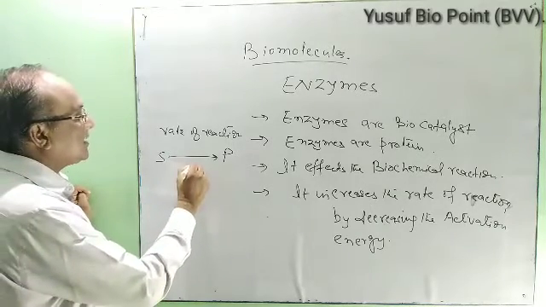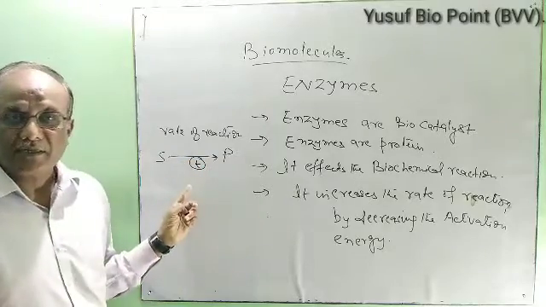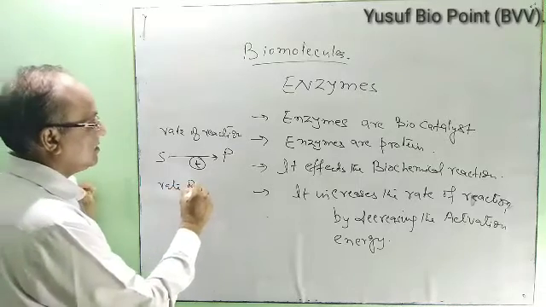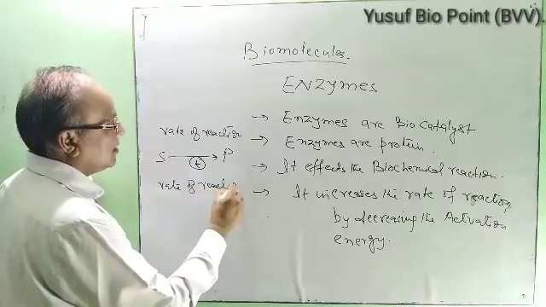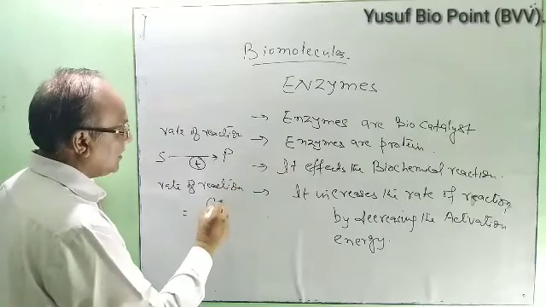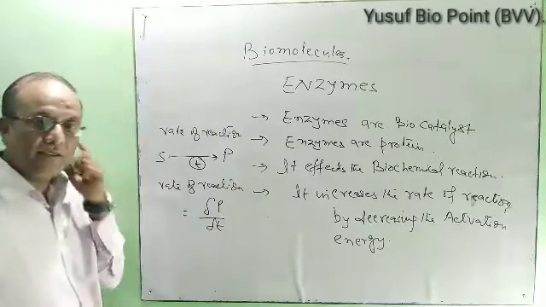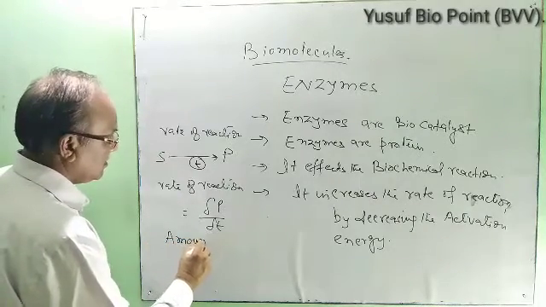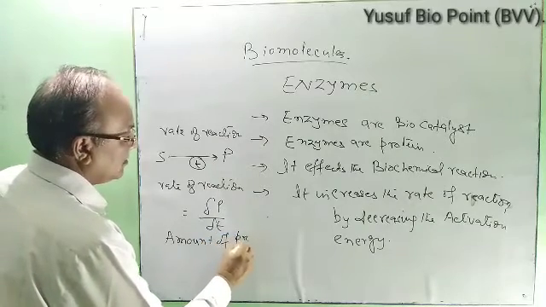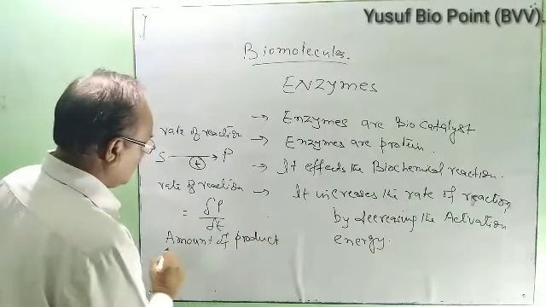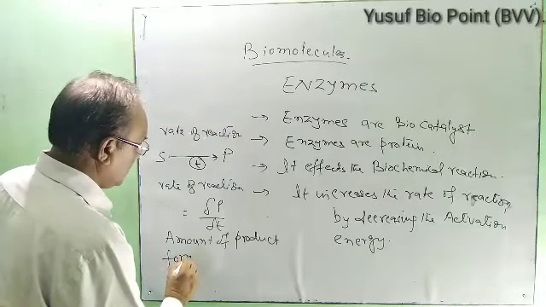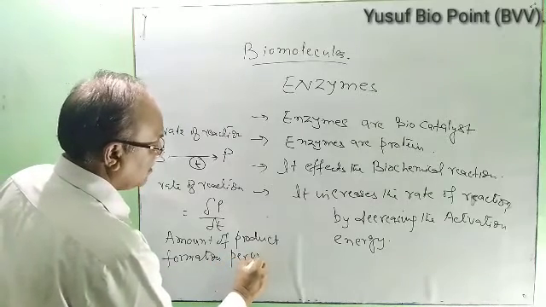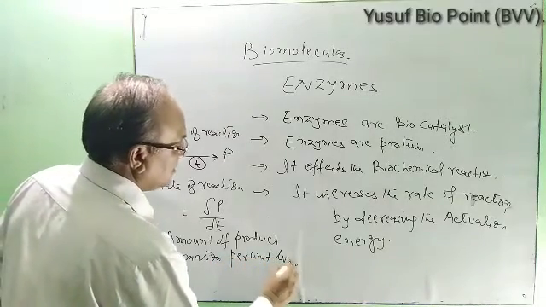And the time taken T. So the rate of reaction is equal to delta P by delta T, means amount of product formation per unit time.